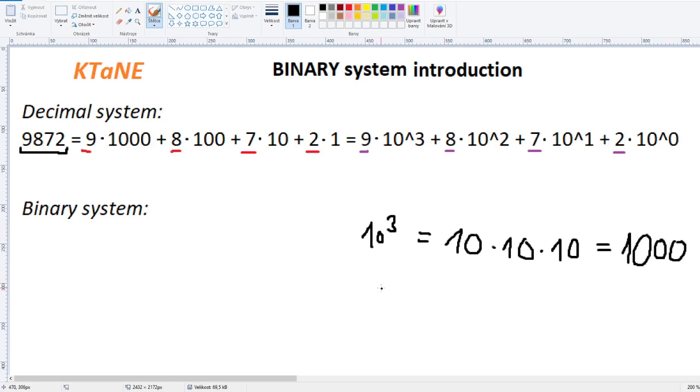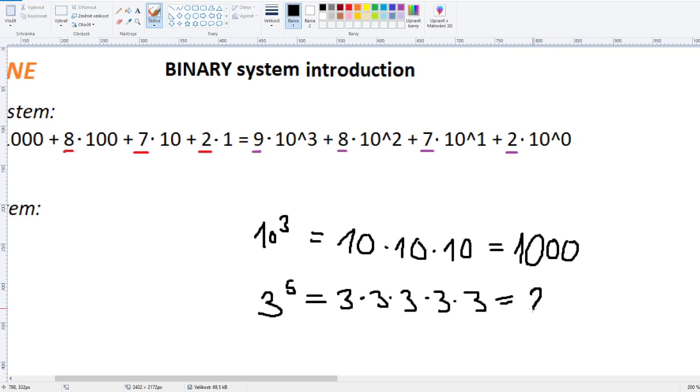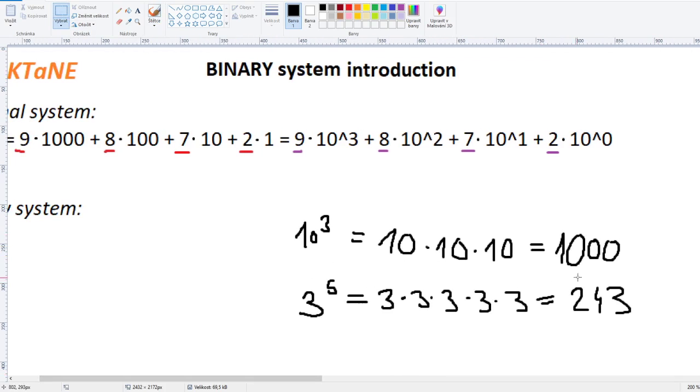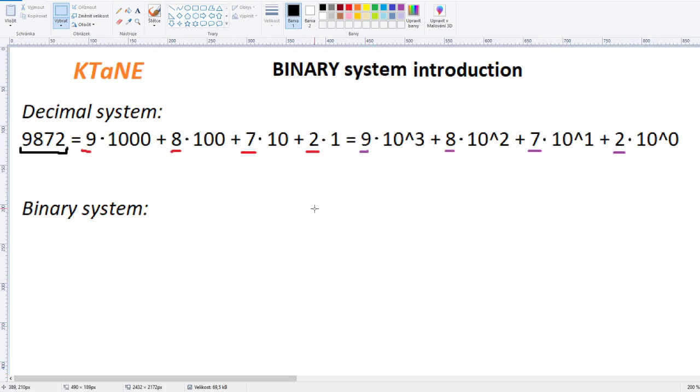In other systems, like ternary, 3 to the power of 5 means there are 5 threes multiplying with each other. Therefore, we would get 243. And so on. So this is not as easy as in the decimal system, since it's not just about adding zeros to the end. Not real adding, but writing them after the one and the other zeros. Okay, so that's a quick reminder of powers.